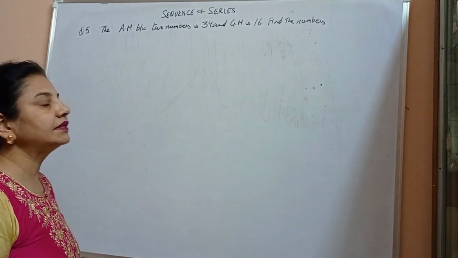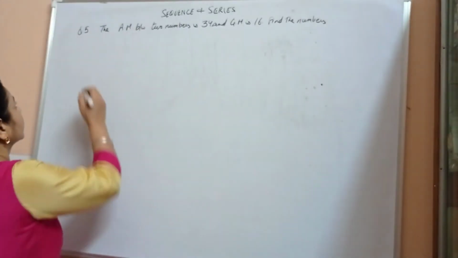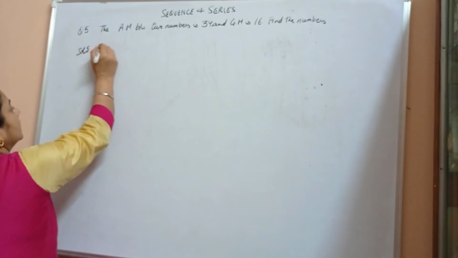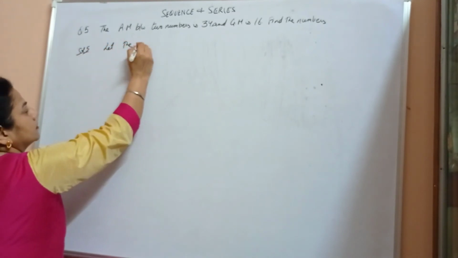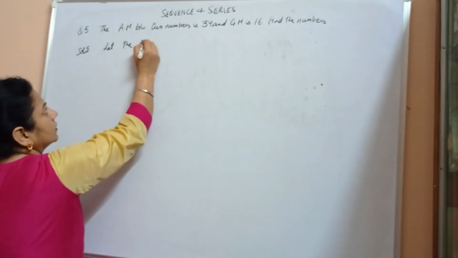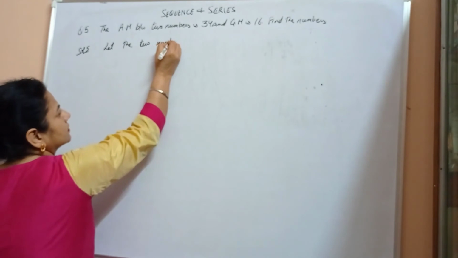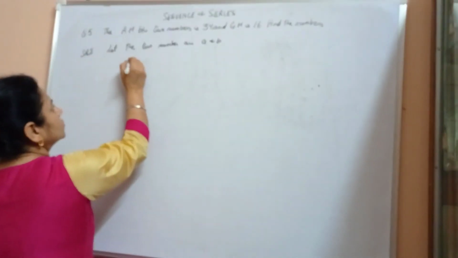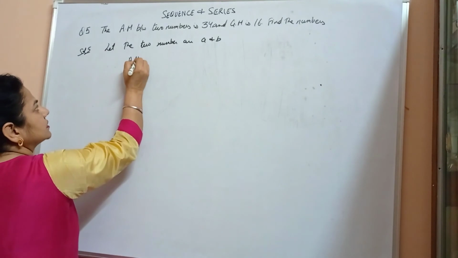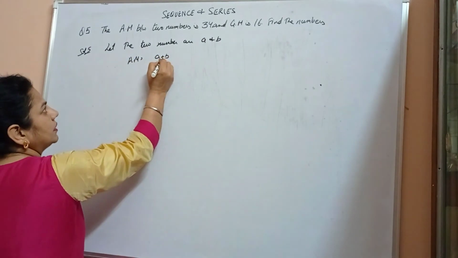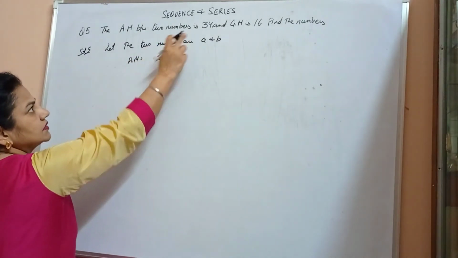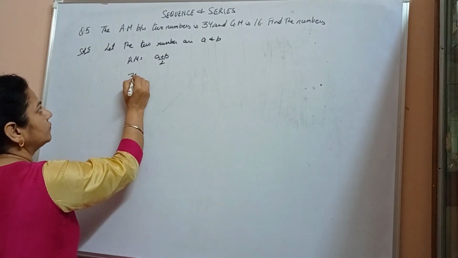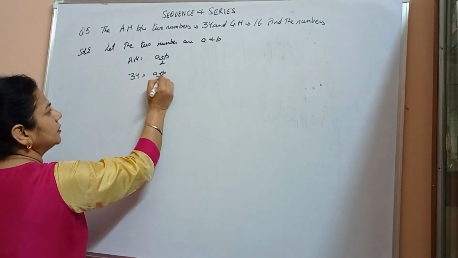As we know, let the two numbers be A and B. The arithmetic mean of two numbers is given as (A plus B) by 2, and the arithmetic mean is given to us as 34. So 34 is equal to (A plus B) by 2.